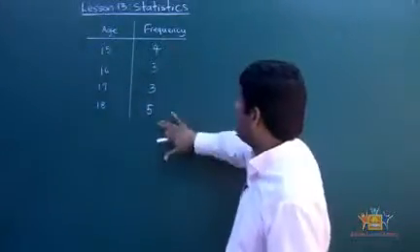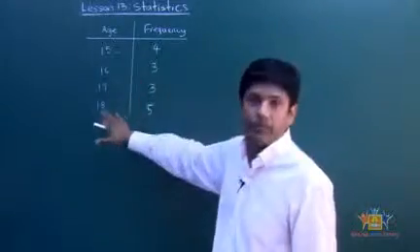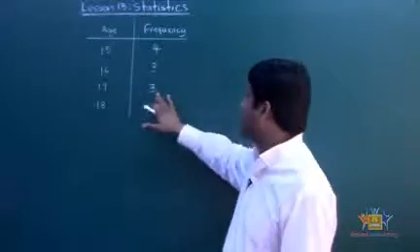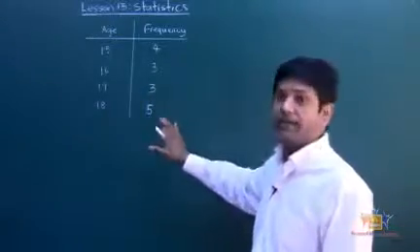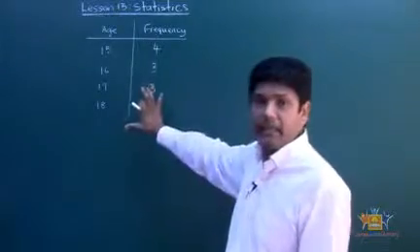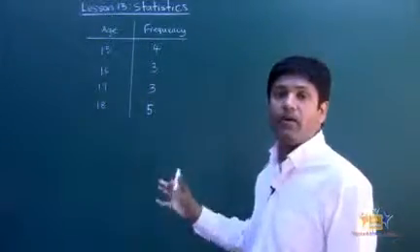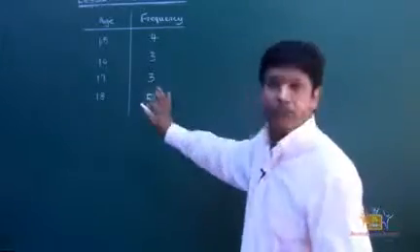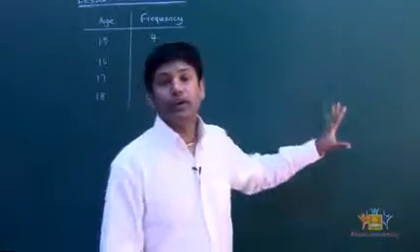Now we have a frequency for each age group. So 15 is 4, 16 is 3, 17 is 3, 18 is 5, and we're going to interpret this. In other words, we're going to take this data and display it in the form of a pictogram.